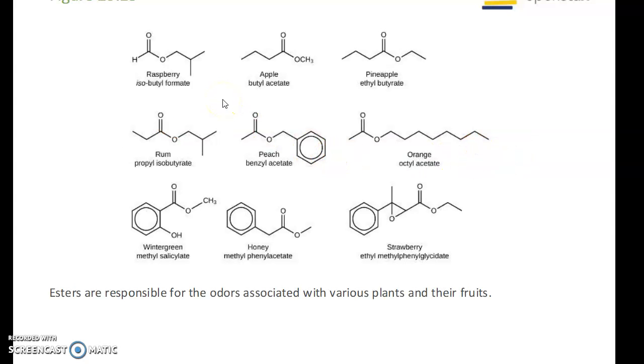Now, another thing, this is a little bit out of order because this should have been after we talked about the acids. If you have this type of structure, these are called esters.